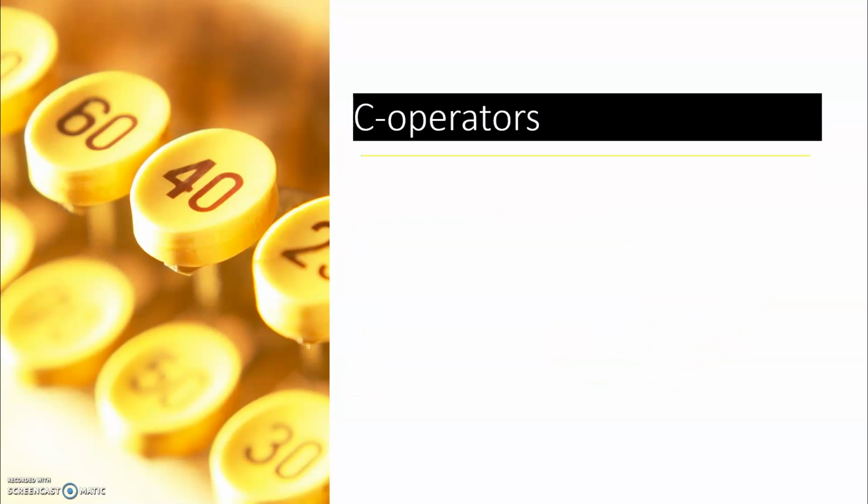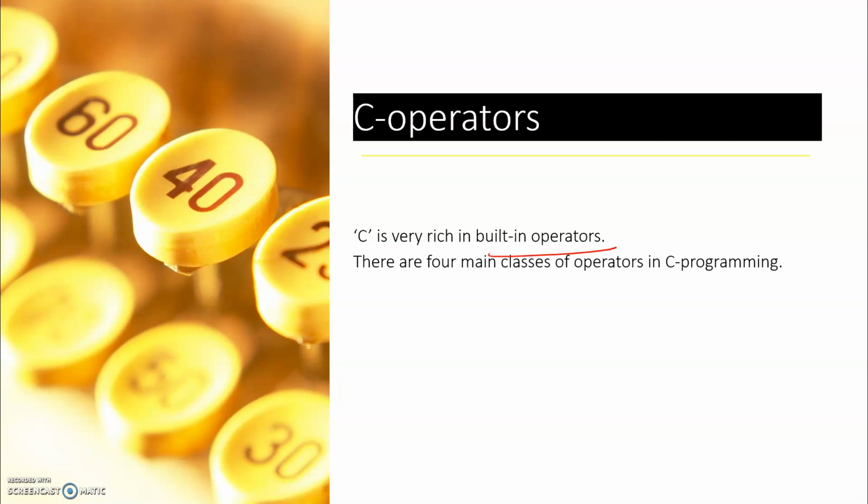As far as the C programming language is concerned, C is rich in built-in operators. C supports a wide range of operators, and operators are classified in 4 main categories, which are listed here: arithmetic operator, relational operator, logical operator, and bitwise operator.